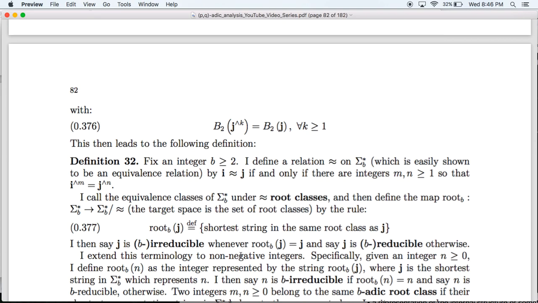Fix an integer b greater than or equal to 2. I then define a relation squiggle on the set of finite strings in base b, and this relation is easily shown to be an equivalence relation. It's the following: i squiggles j if and only if there are positive integers m and n such that if we concatenate i m times and j n times, we get the same thing.